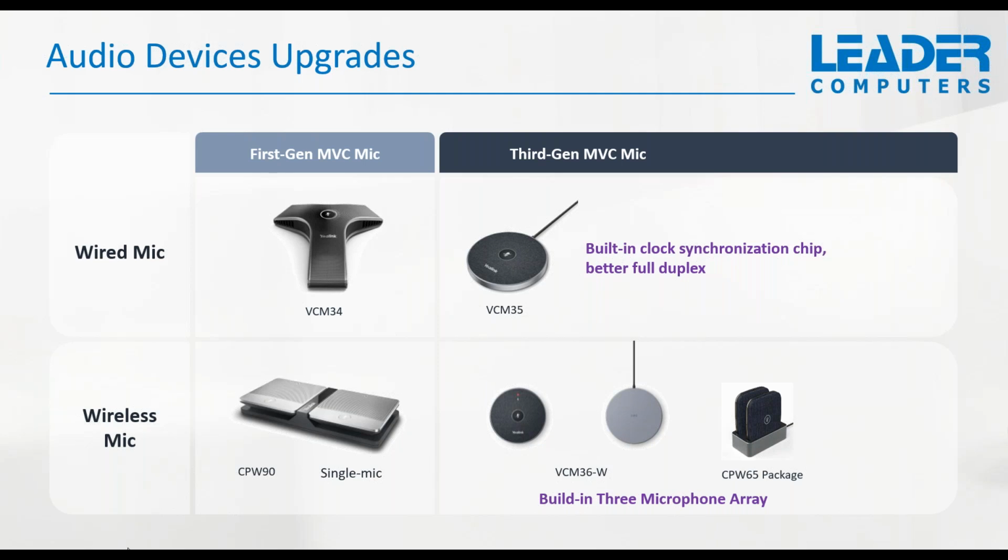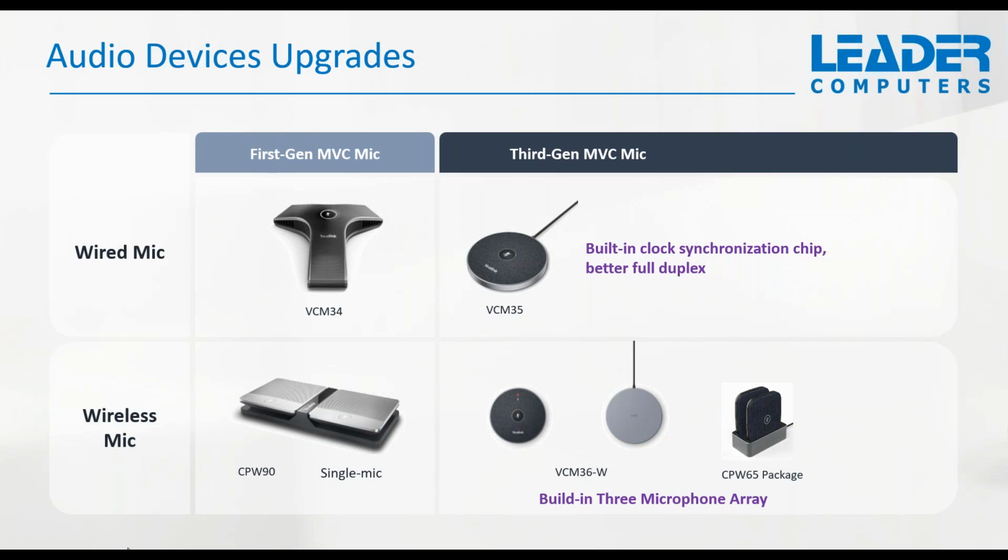Now, when we are speccing out solutions, one thing with the VCM34 is that this device was able to be connected together, or cascaded. You were able to run an in and out cable from a VCM34 and connect up to 4 VCM34s together before needing to run a secondary cable.